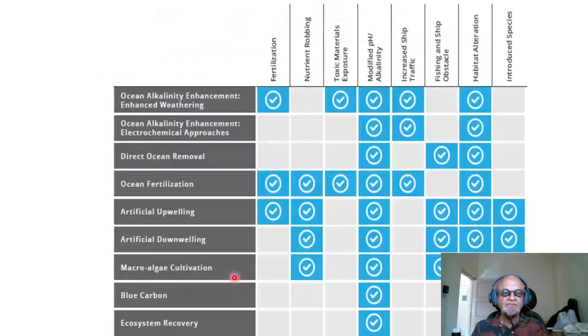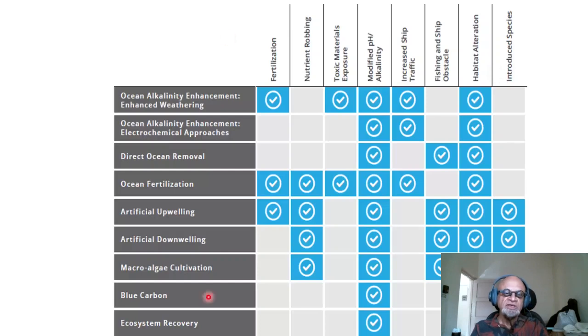Okay, so this is just a summary table of the same thing, looking at all the technologies and what the co-benefits are. So fertilization, nutrient robbing, toxic materials exposure, modification of pH and alkalinity, increased ship traffic, fishing and ship obstacles, habitat alteration, and introduced species.